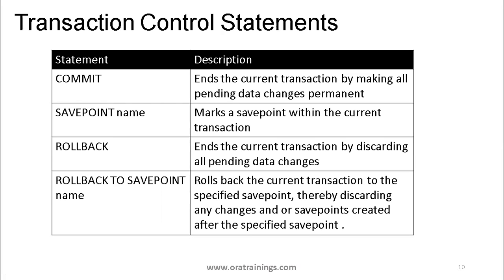So what are the transaction control statements? These are the four things: commit, save point, rollback, and rollback to a particular save point name. So these we cannot mention in normal SQL queries. We can mention a commit or rollback, but the save point and rollback to save point we cannot mention in the SQL statement. We have to use them in conjunction with PL/SQL.